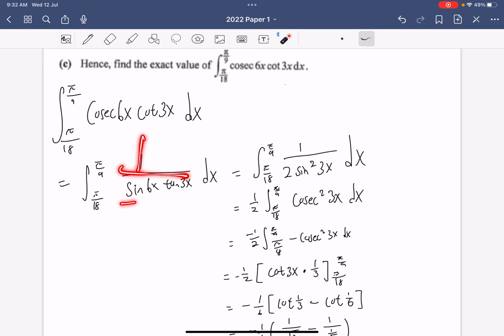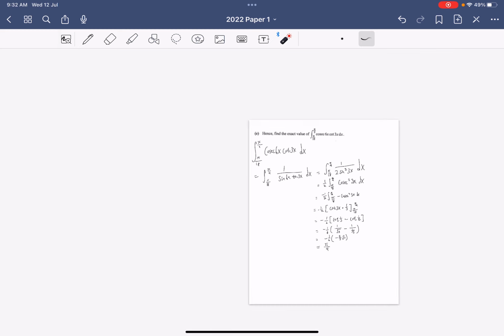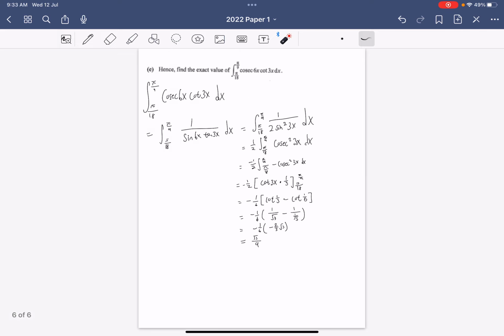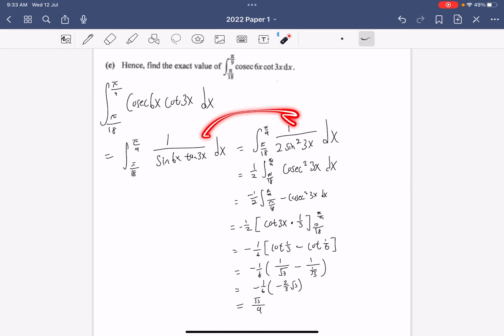This means it's 1 over sine 6x and tangent 3x. If you see over here, this is sine 2x and tangent x, meaning you can also replace sine 6x tangent 3x with 2 sine squared 3x. And that's what we do. So we get to simplify it over here.